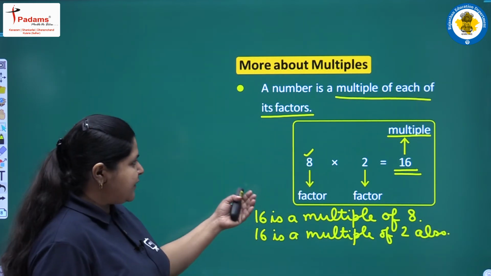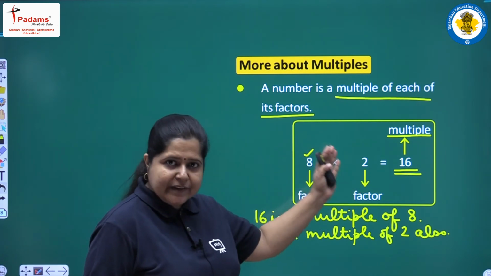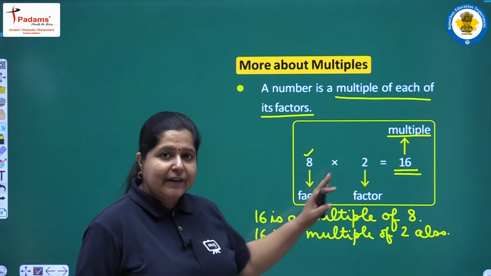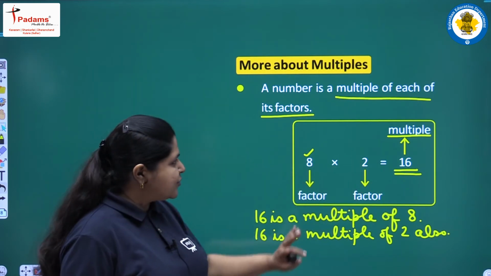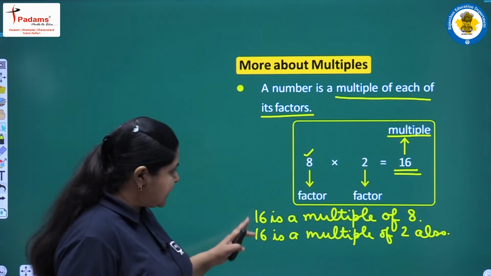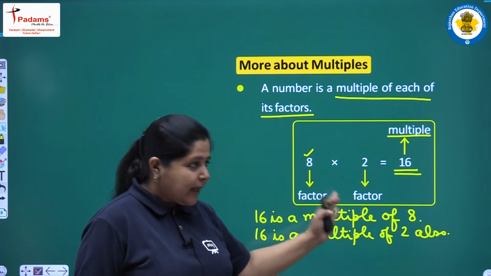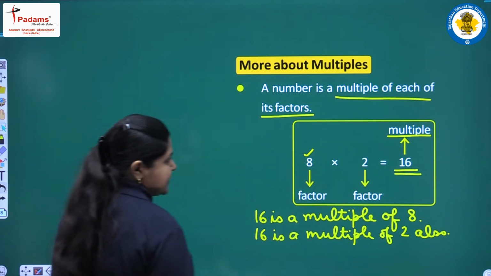Why? Because when we multiply 2 by any other number, it is 8 here. When we multiply this 2 by 8, then also we are getting 16, and when we multiply 8 by 2, again we are getting 16. So actually this 16 is called the multiple of 8 also and the multiple of 2 also, and 8 is called a factor of 16.